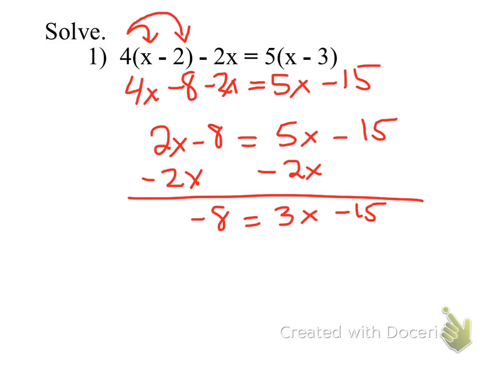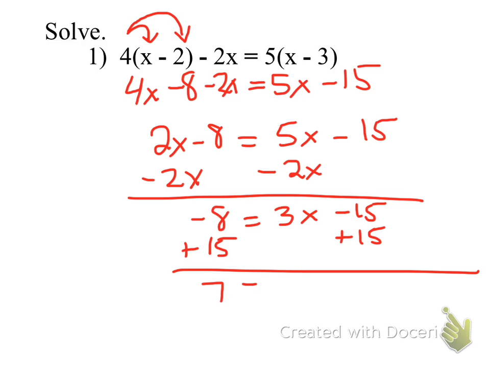Next step. McKenna? And now we are left with 7 equals 3x. Right. 7 equals 3x. Next step.